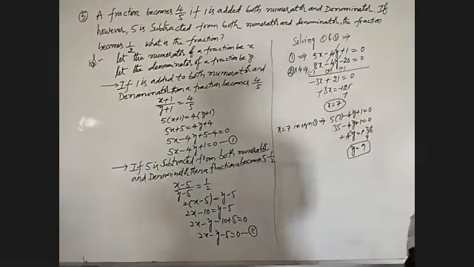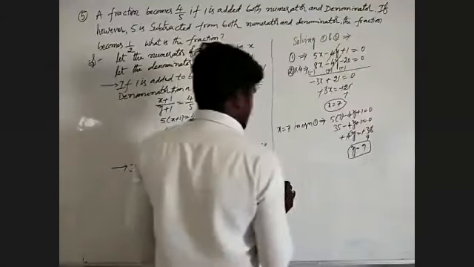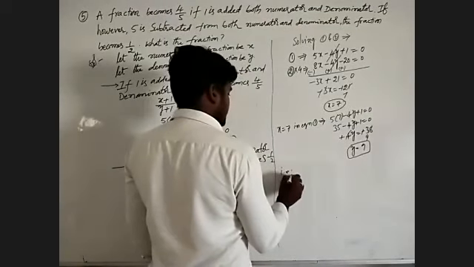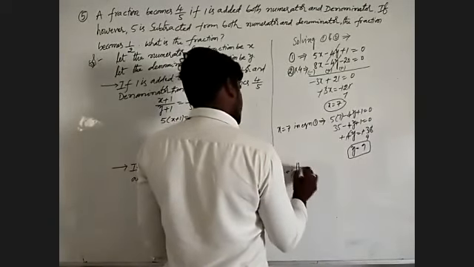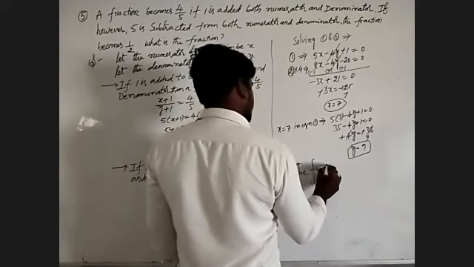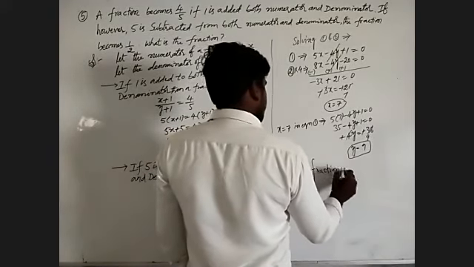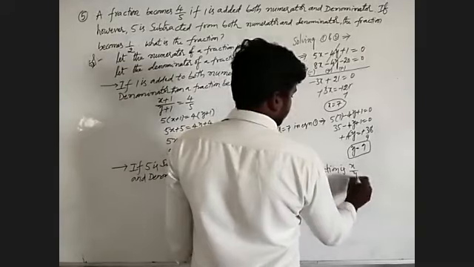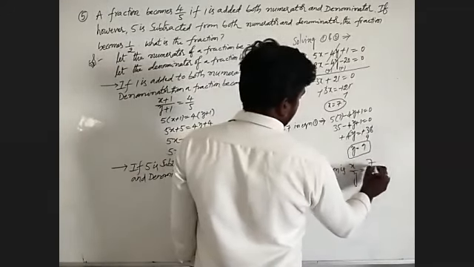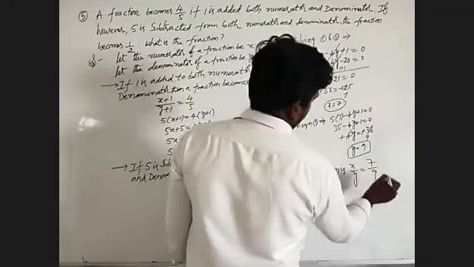We know their x and y values, the fraction is x by y, where x is 7, y becomes 9. This we have to find out in this problem.